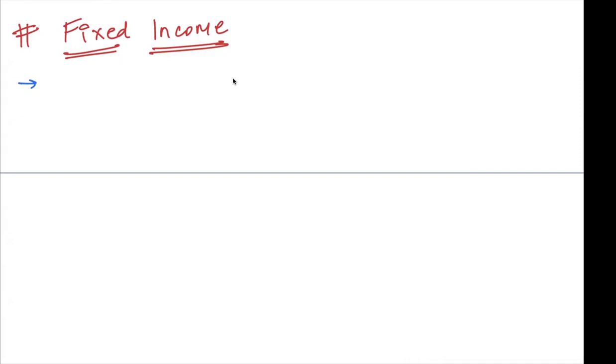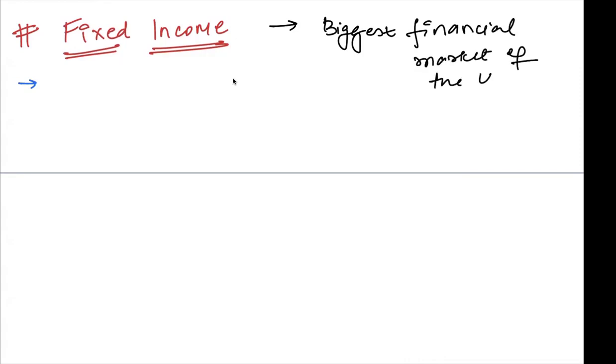I'll tell you in very simple words. Why do we need to discuss fixed income? Because this is the biggest financial market of the US. It's not even stocks, it's not cryptocurrency. Of any asset class that you see, the biggest financial asset class is fixed income securities, and that is why it is important for all of us to understand this.